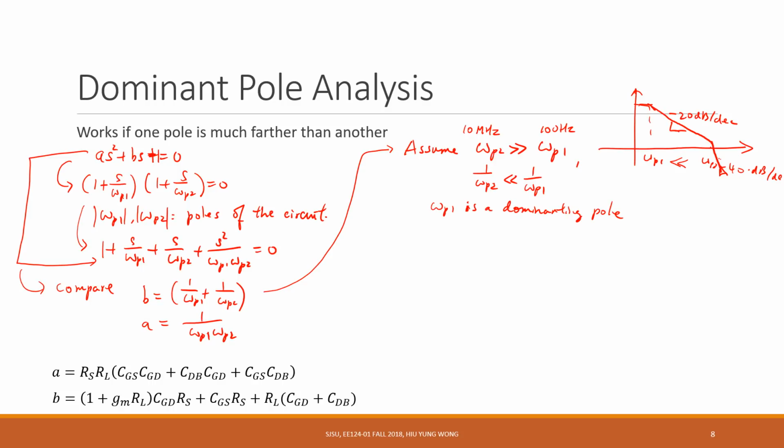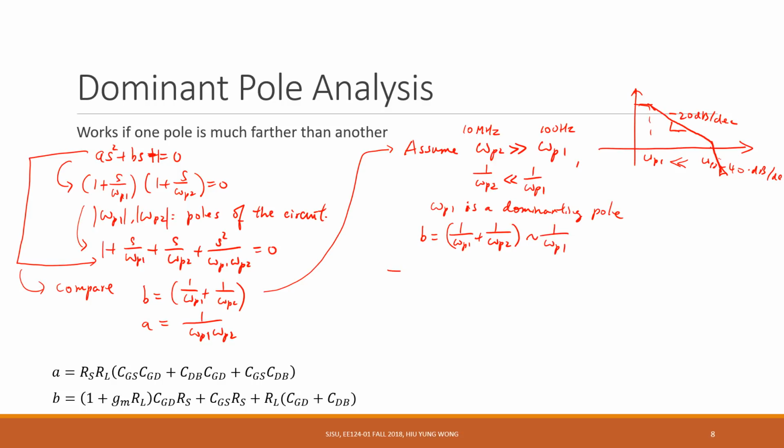So that means B equals 1 divided by omega p1 plus 1 divided by omega p2 is equal to, approximately, because 1 over omega p2 is smaller than 1 over omega p1, that means this is almost 1 over omega p1.